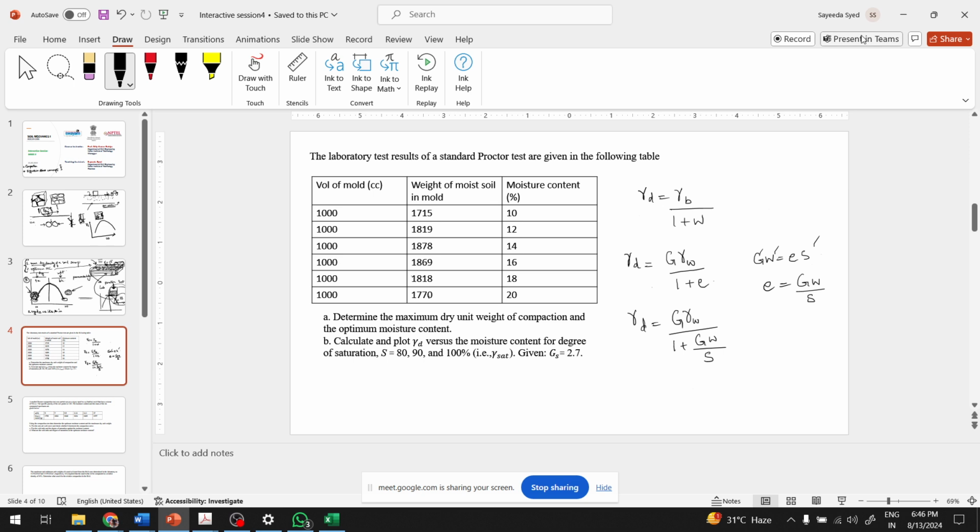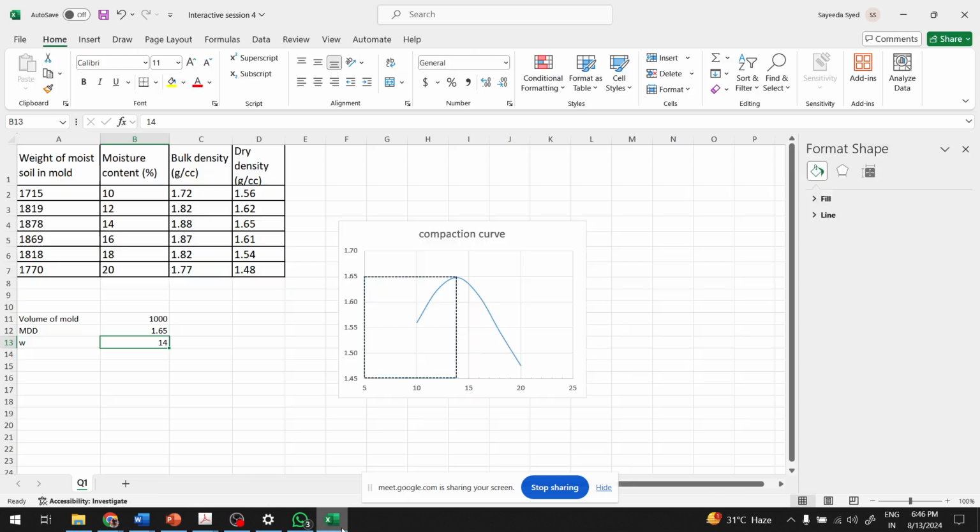So let's draw this table here. GS has been given 2.7. Water content, oh sorry, water content has been given here.